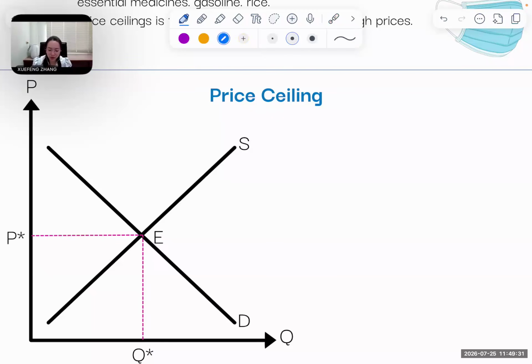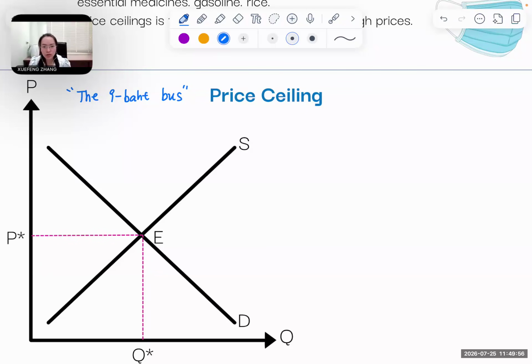So I want you to think about a real story. Have you heard about the 9 baht bus? In Thailand, especially in Bangkok, the government controls the price of public buses.